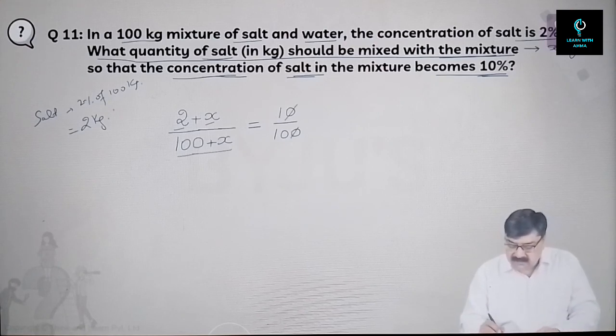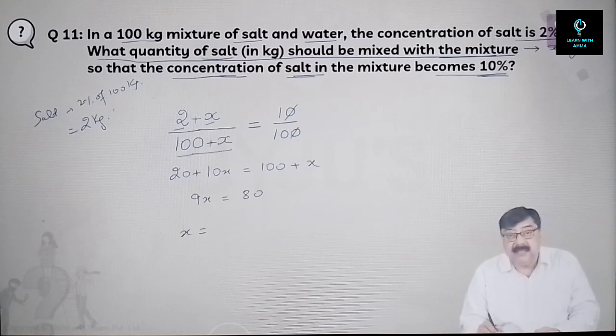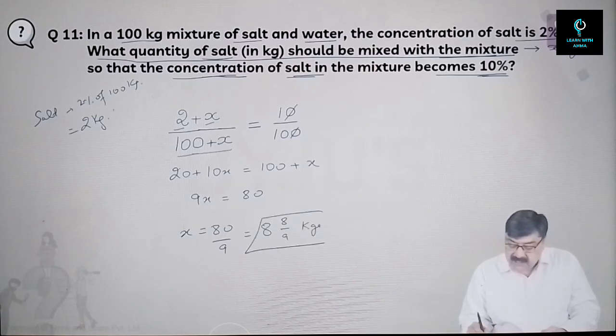So zeros cancel, no big deal. 20 plus 10x equals 100 plus x. So 9x equals 80, or x is 80 by 9, nearly 9 kgs, but not exactly. So it is 8 by 9 kg, the value of x.